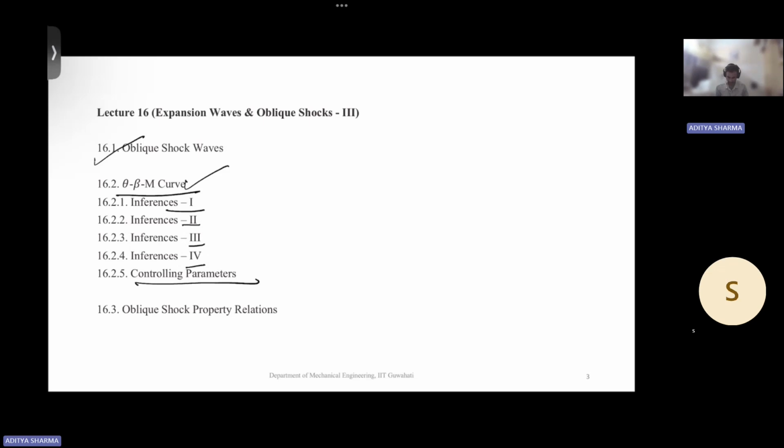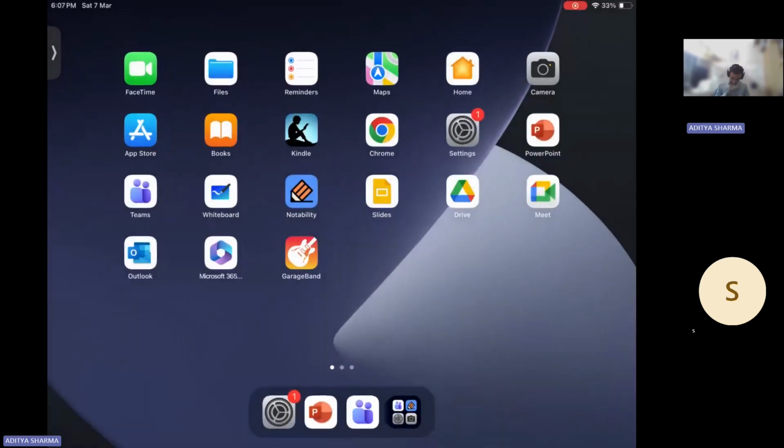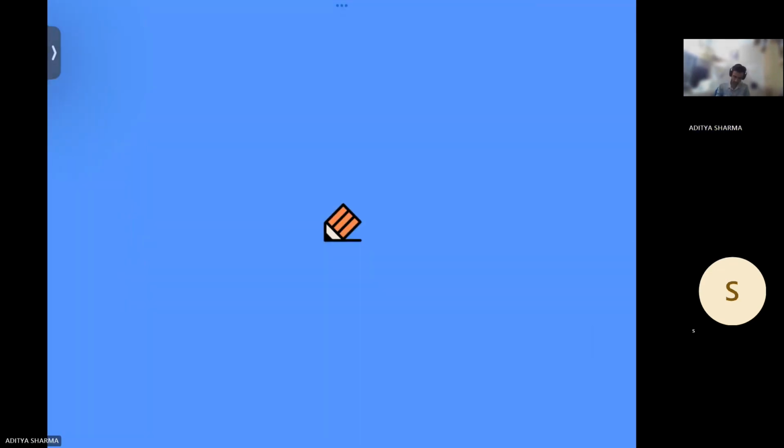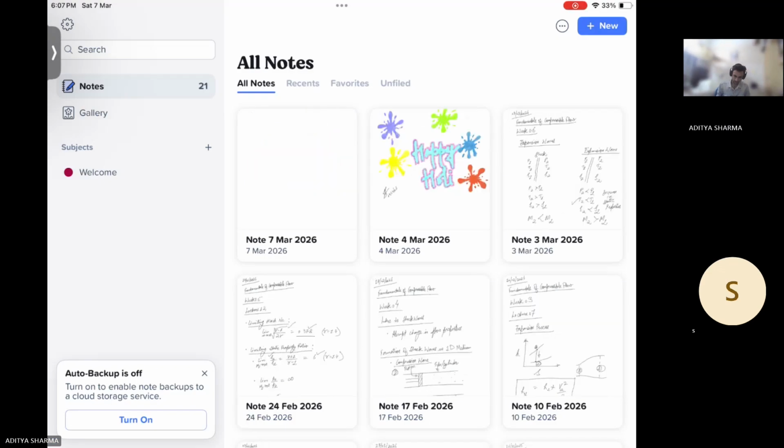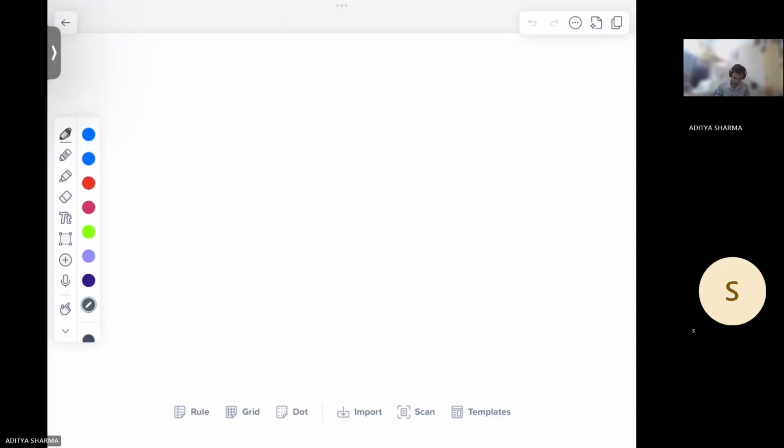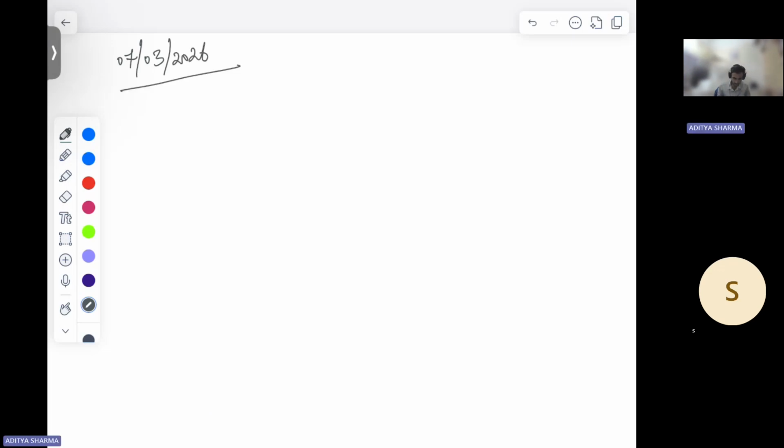Then oblique shock property relation. So these topics are there related to oblique shocks. This was a revision from previous week's content only.